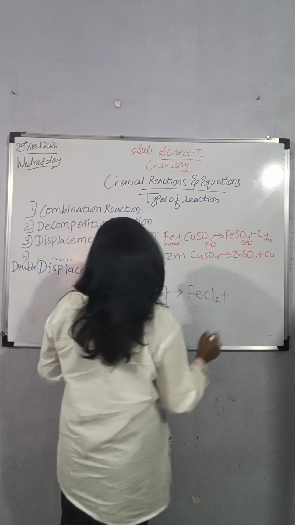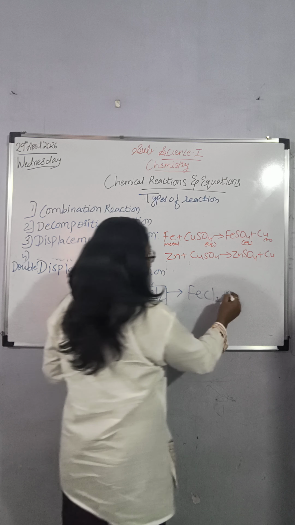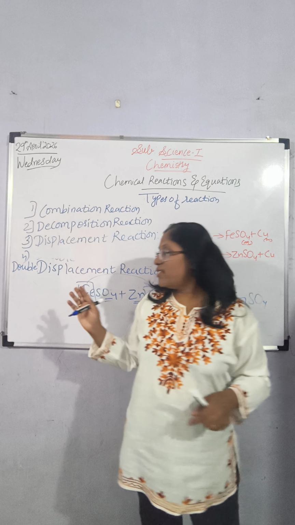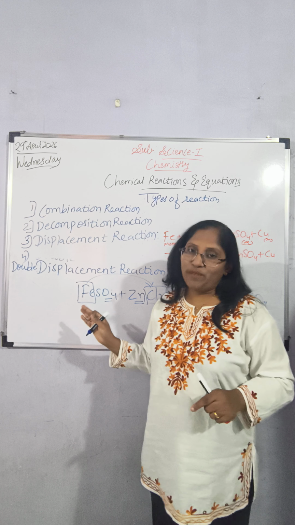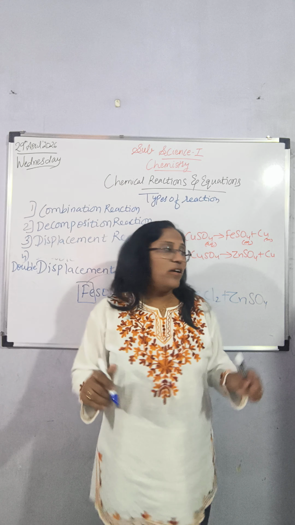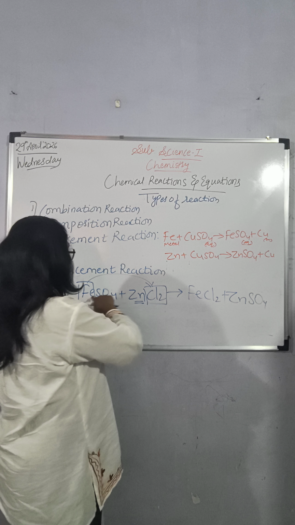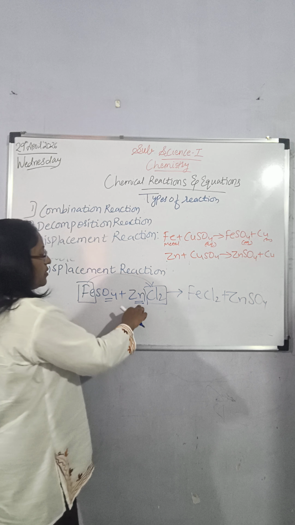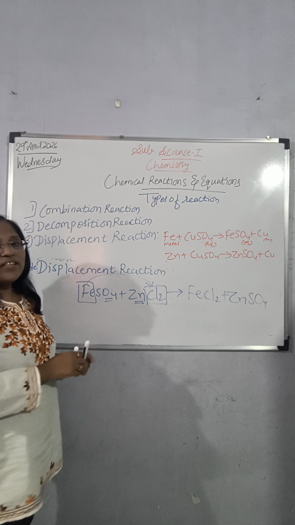FeCl2, and ZnSO4. So what happened in this reaction? Only the exchange of the ions took place. Here in this reaction, FeSO4 and ZnCl2 give FeCl2, ferrous chloride, and zinc sulfate. Understanding this reaction is very simple.